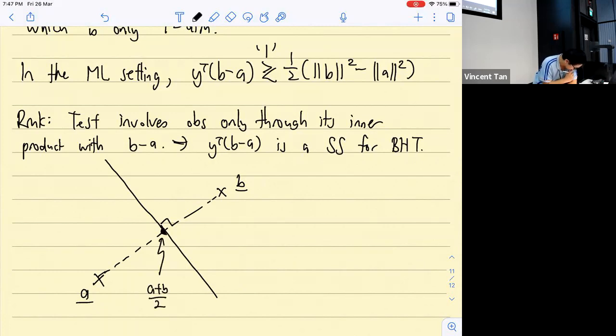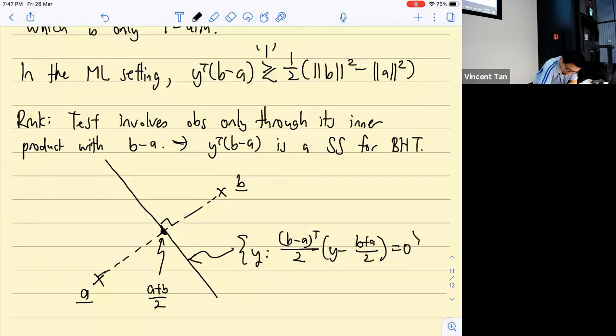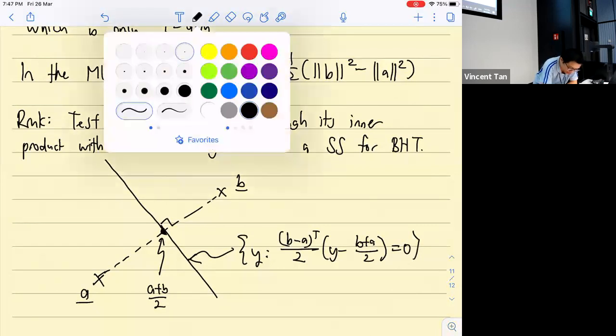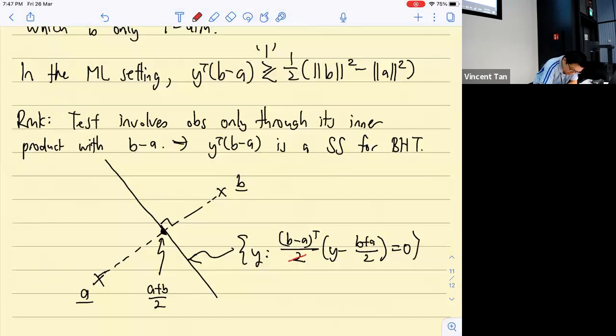All right. So we can actually rewrite the test as follows. This perpendicular bisector is the set of all points y such that (B minus A) transpose times (y minus (B plus A) over 2) equals 0. Okay, we don't actually need a 2 here. So the line that I have just drawn satisfies this relationship.